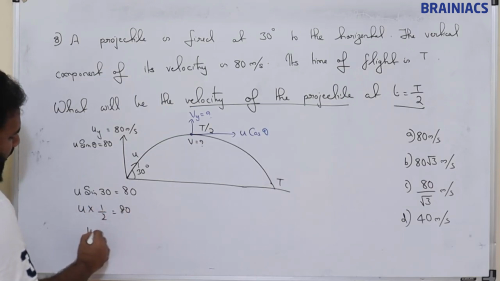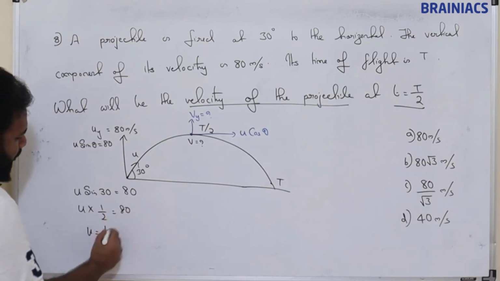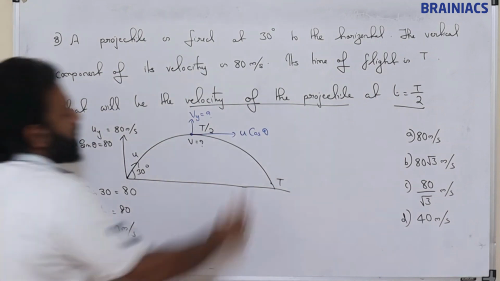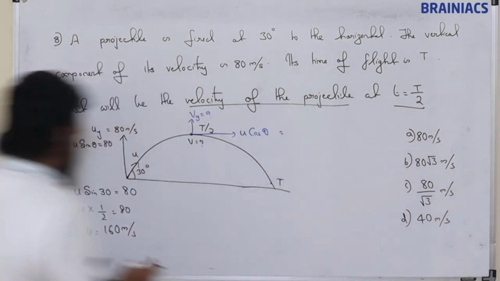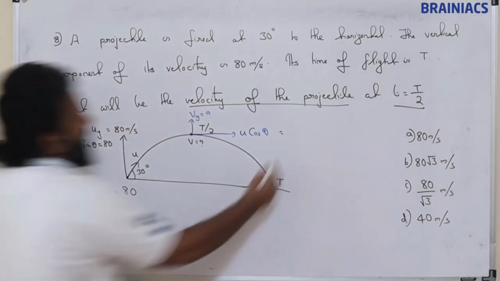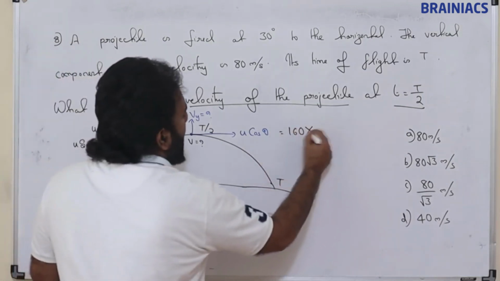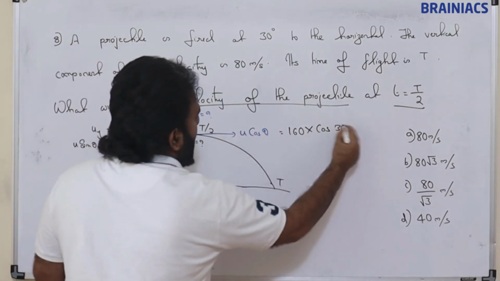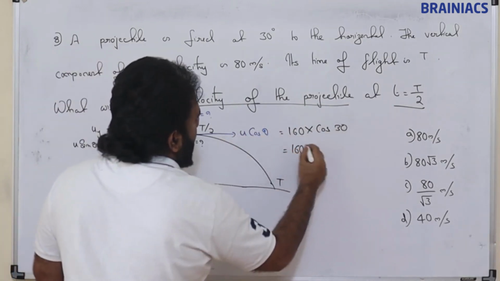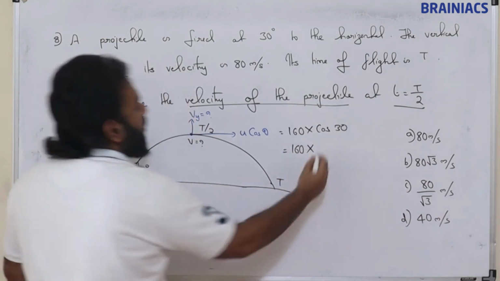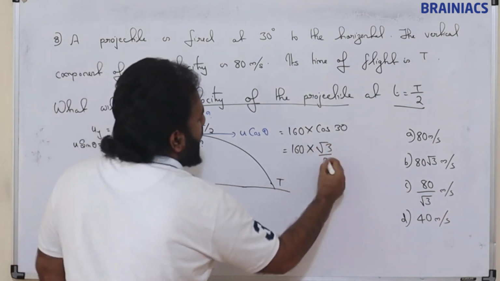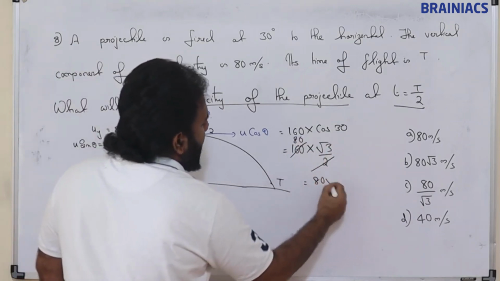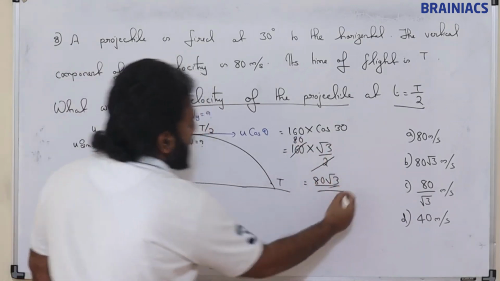So we get u is equal to 80 into 2, 160 meter per second. Now u cos theta: 160 into cos 30, which is root 3 by 2. If we cancel, this is going to be 80. We will be getting 80 root 3.